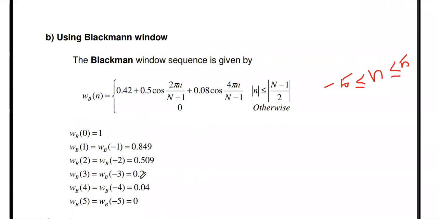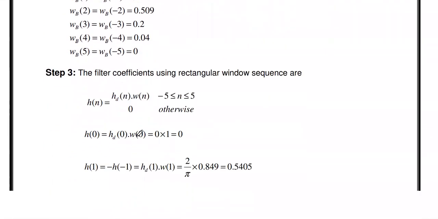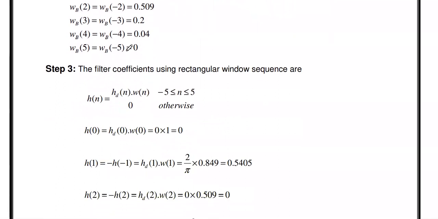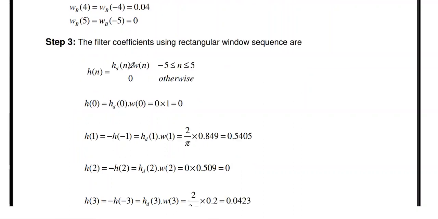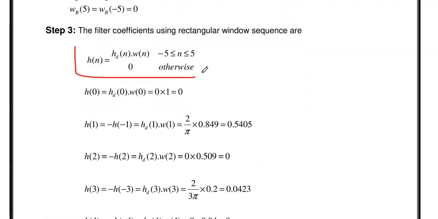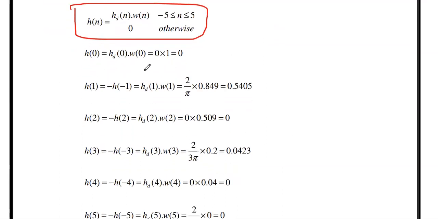After calculating the windowing sequence, we have to multiply this windowing sequence with our HD of n. So the H of n is obtained by multiplying the HD of n with the windowing sequence for n between minus 5 to 5. You just multiply the individual terms. So H of 0 is HD of 0 into W of 0, so 0.